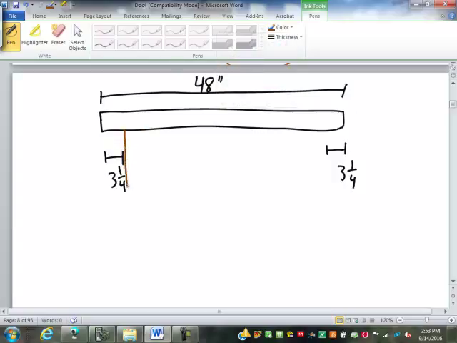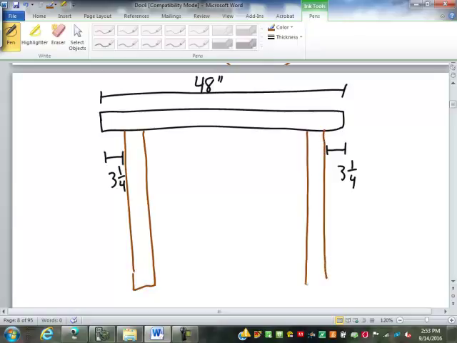And that is where the legs are going to mount, 3 1/4 inches from the edge. Each of our legs is going to be 2 3/8 inches.